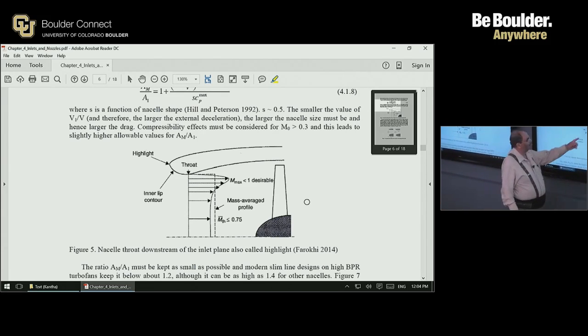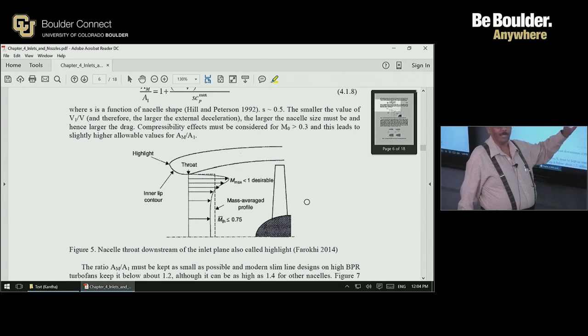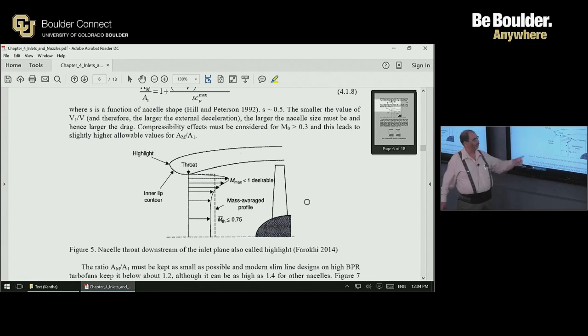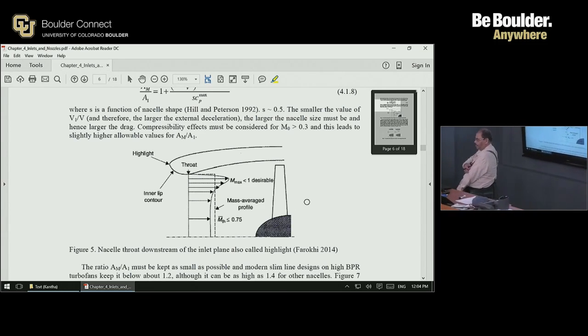But the velocity profile is going to look like this. In other words, there is some distortion of the flow, and therefore the average Mach number has to be kept less than about 0.75, so that the maximum one is still less than 1. So that essentially decides what the throat Mach number has to be.